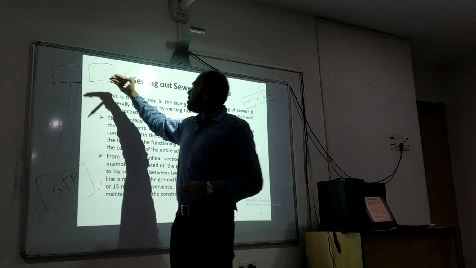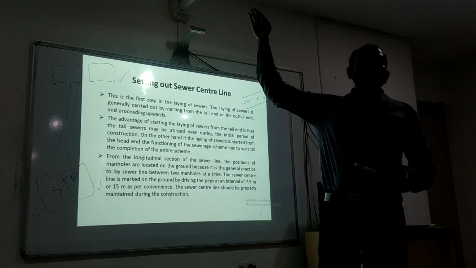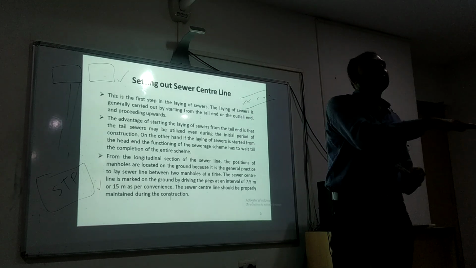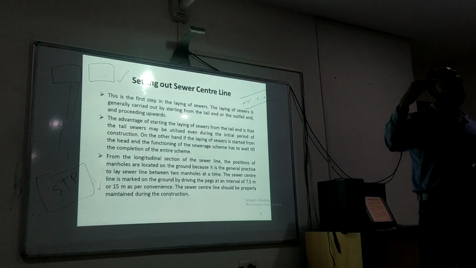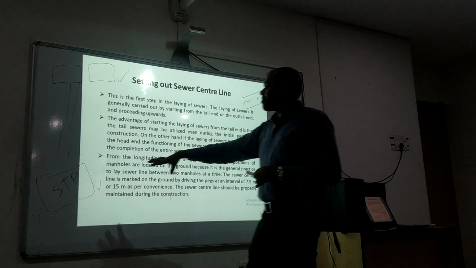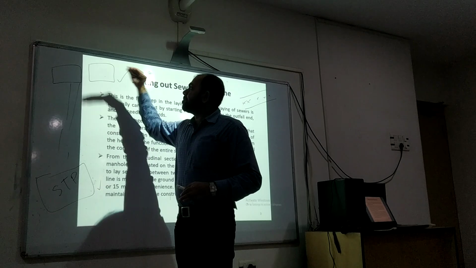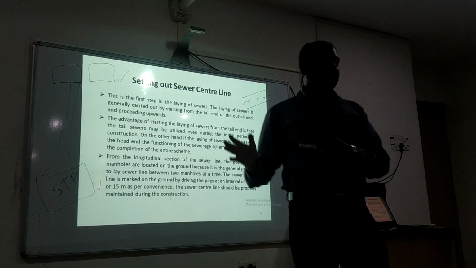So there has to be an elevation difference. The starting point should be at a higher elevation with respect to the subsequent points in the path of the sewer line. Okay. The sewage treatment plant should be at a lower elevation with respect to the point of generation of the sewage from the households and all.